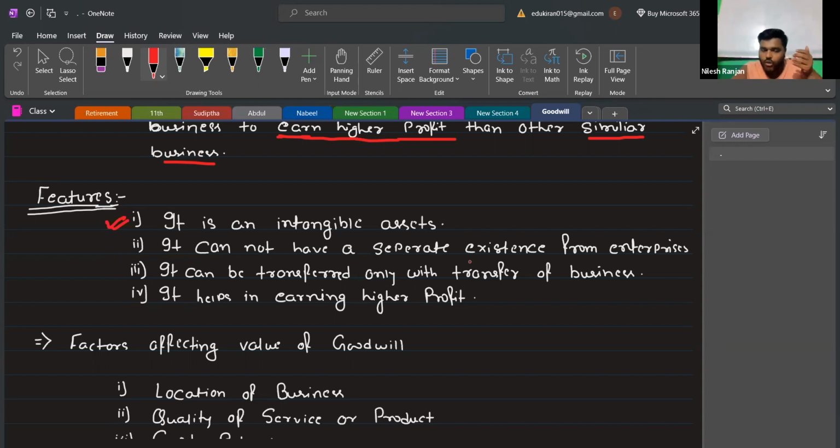Goodwill is always with the business. If there is no business, there is no goodwill. Is that clear? Yes, sir. Let's say I'm doing a business and I want to sell only the goodwill of my business. Can I able to do it?